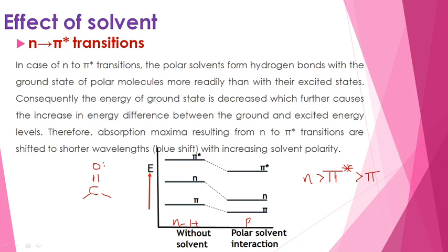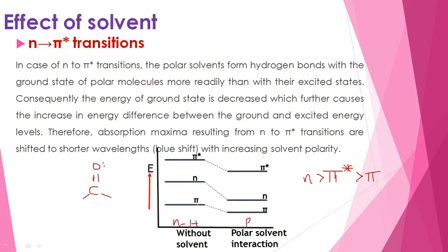The pi orbital will not be that much influenced by the polar solvent; it is majorly affected by non-bonding electrons, the next case will be the pi star orbital, and the least one must be pi, because there are polar interactions of polar compound with polar solvent.